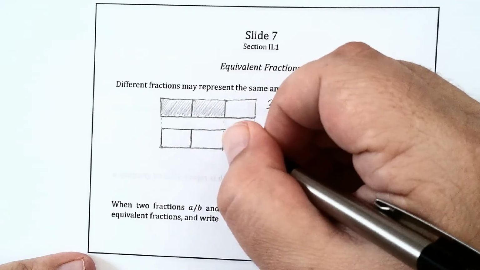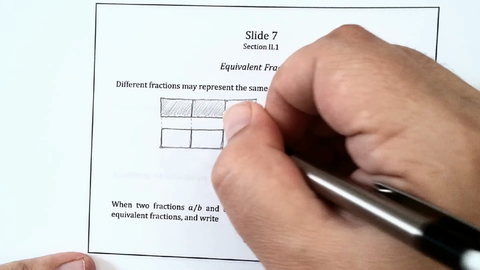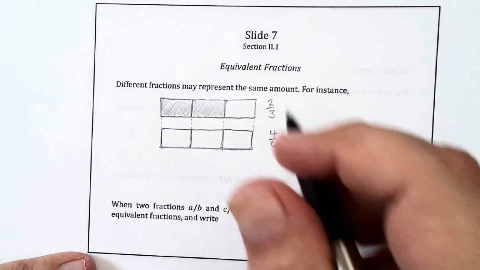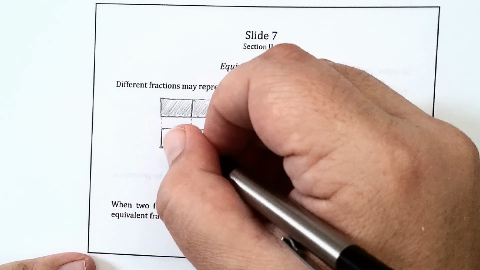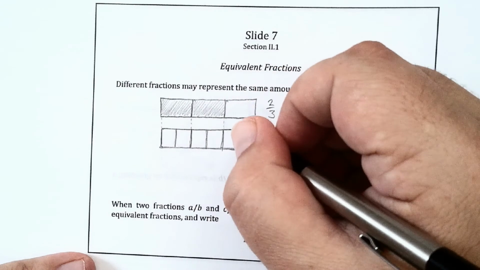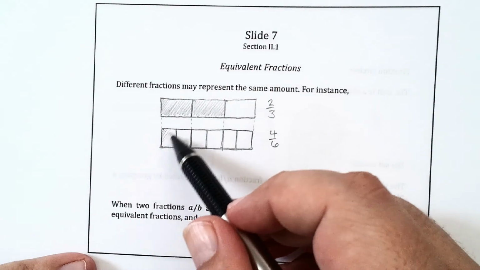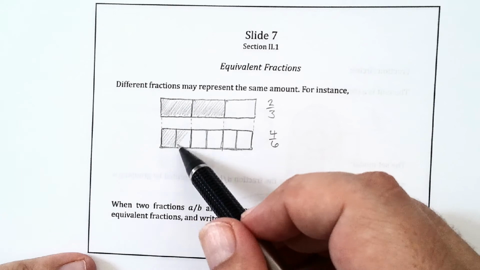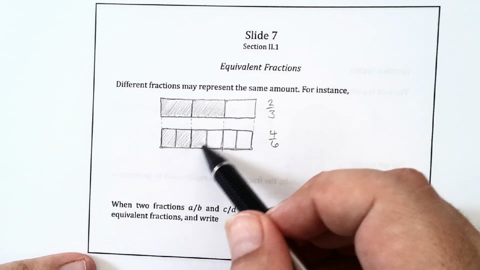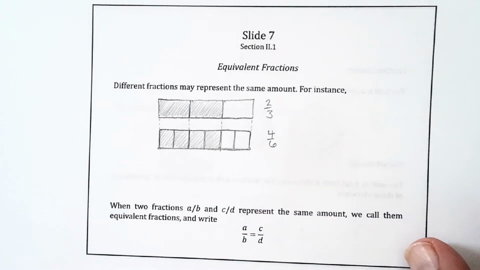So see, I can just kind of copy those down. See how that lines up. But then I divide each of those parts into 2 smaller parts. We have 6 total. Okay, and then I shade in 4 of those. So there's 4/6.